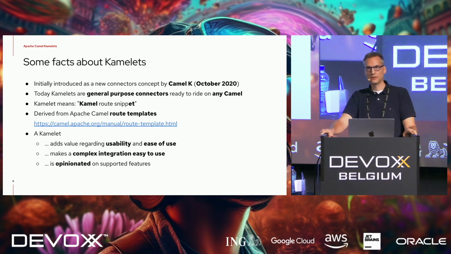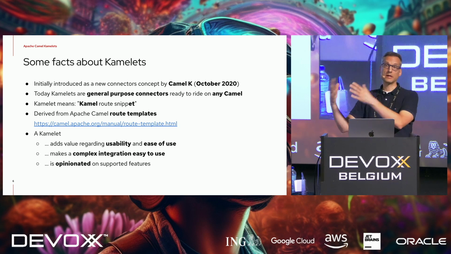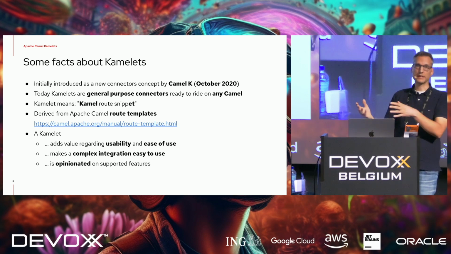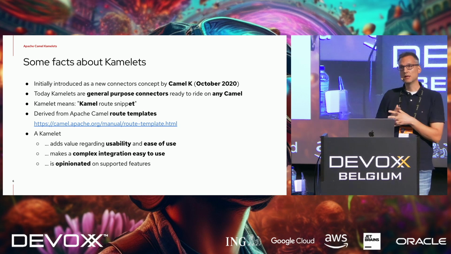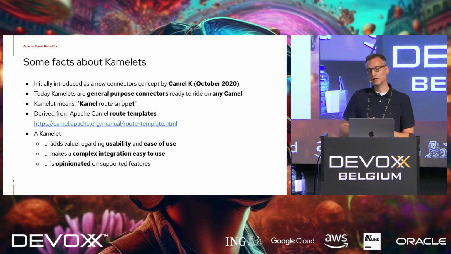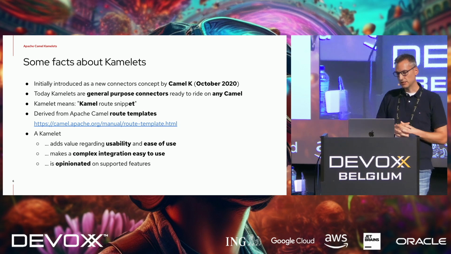A Camelet tries to reduce the complexity of an integration problem, meaning if you need to connect to the outside world, if you need to connect to a messaging platform, or if you need to do some specific things in message transformation, a Camelet will try to make it easy to use such functionality.